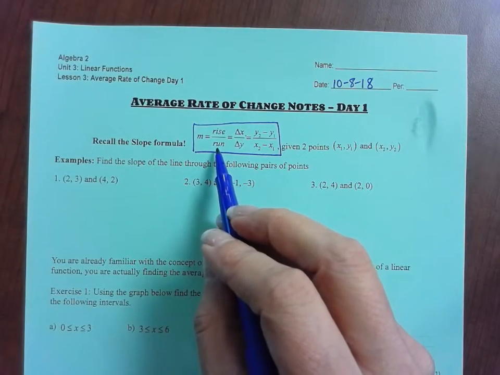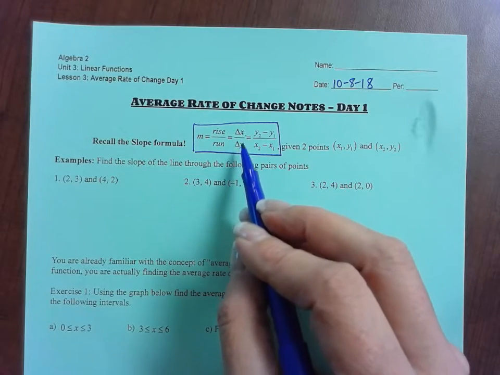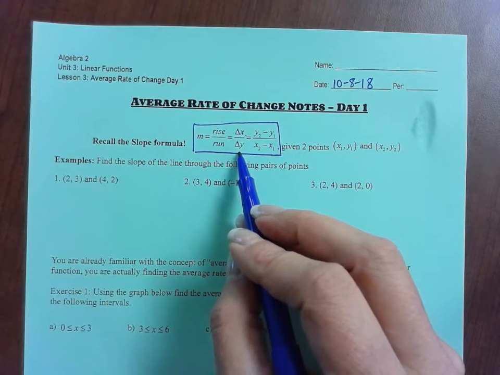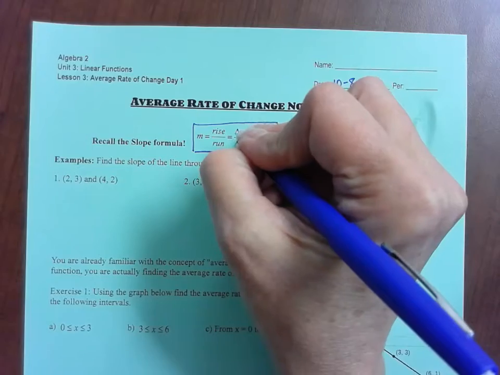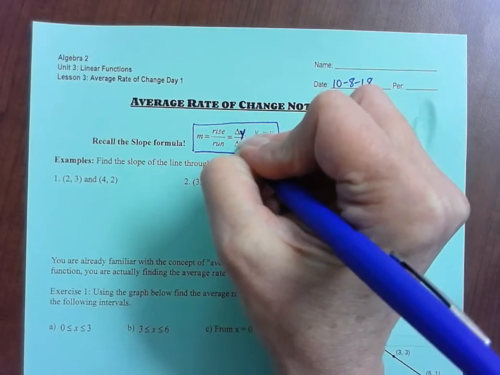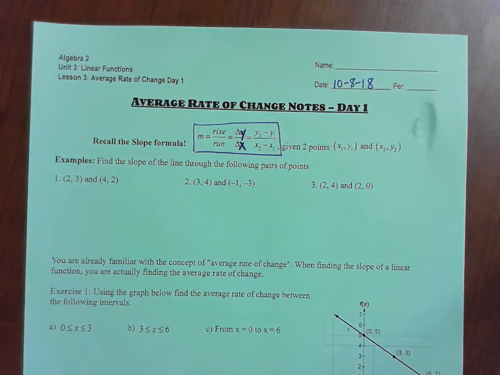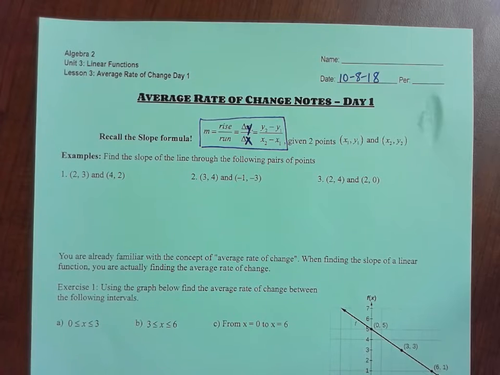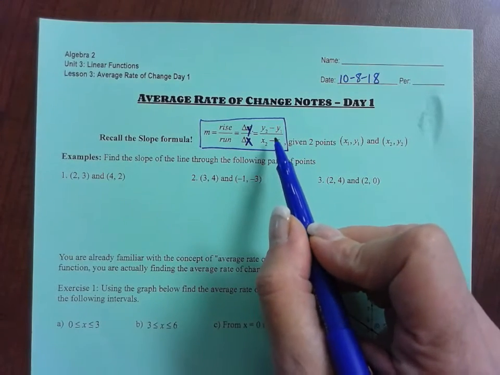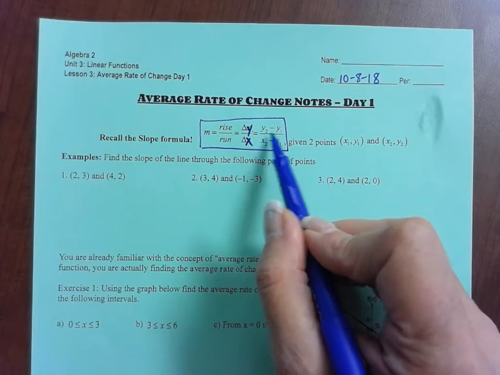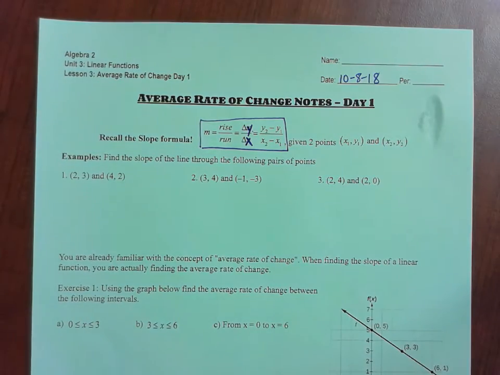Do you agree with that? Change in X over change in Y. That's a typo. We need change in Y over change in X. Which, if we have 2 points, can be found by y2 minus y1 over x2 minus x1.